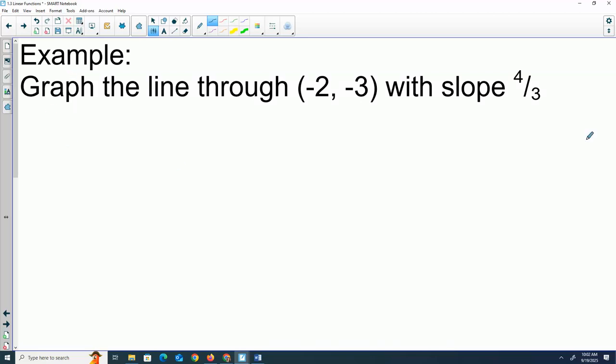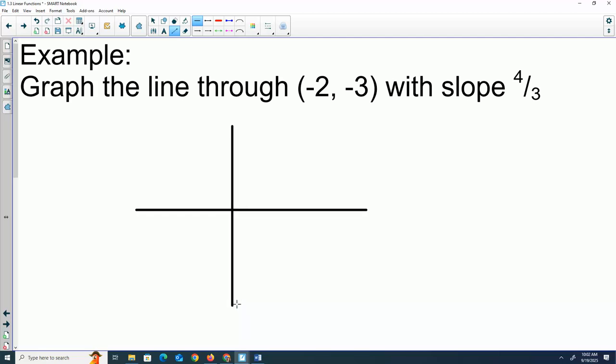So let's talk about graphing a line from that information. If I tell you your line goes through the point -2, -3, and has a slope of 4/3, what do you plot first? You start with your point, and we put a dot there at -2, -3.